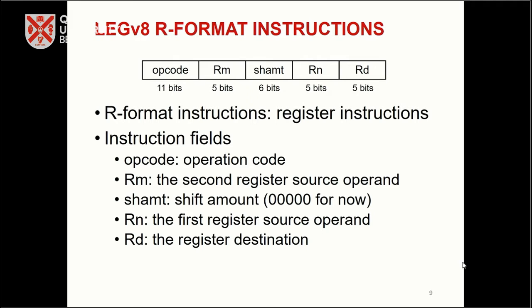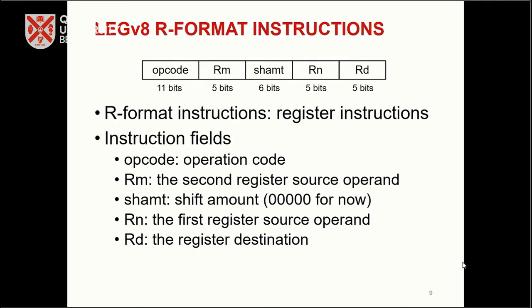Then remember that in the case of the add we have 2 inputs and 1 output. The output is RD, register destination. So here it will be stored. In this case we have as an example the addition, so RD will have the value of the addition.